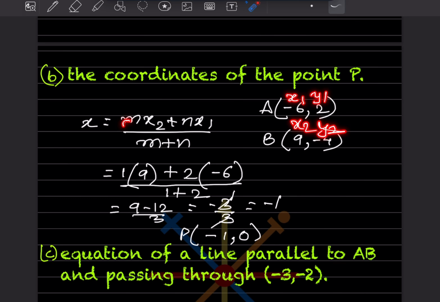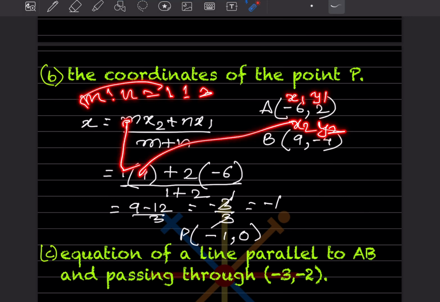So we got the value that m is to n as 1 is to 2. So m is 1, x2 is 9, plus here n is 2, and here x1 is minus 6, and m plus n means this is 1 plus 2, because we know m is to n is equal to 1 is to 2. That will be 1 plus 2.